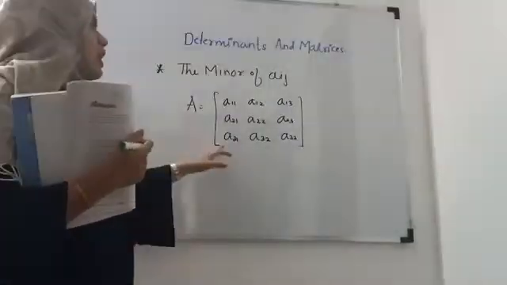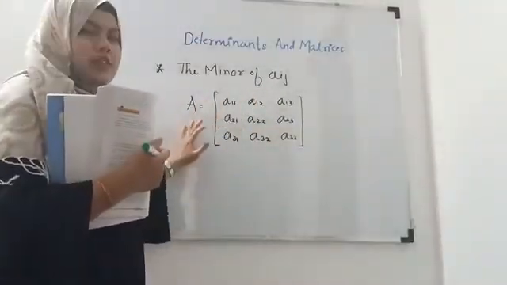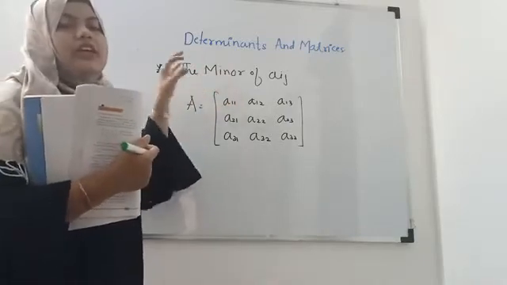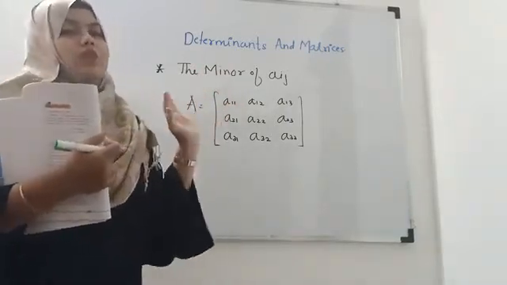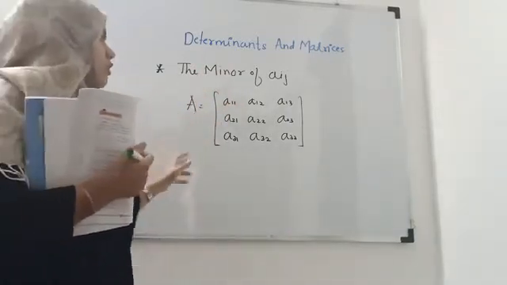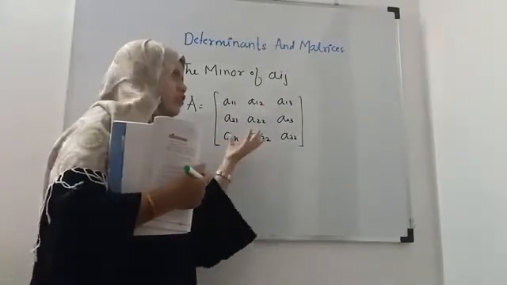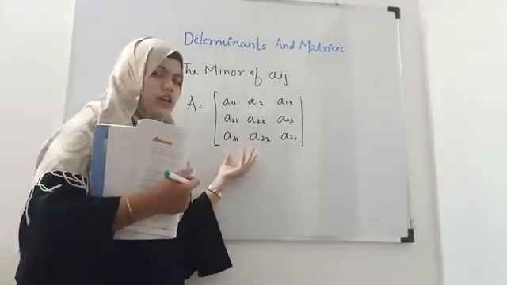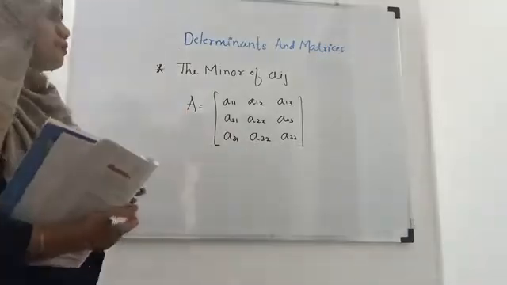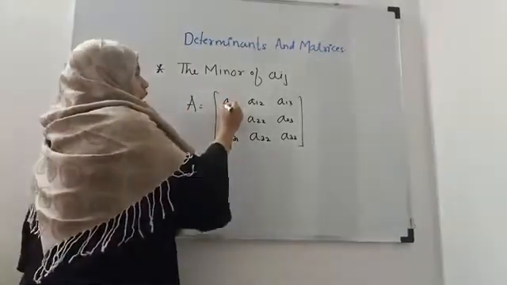So there are 9 elements you can see in this determinant. For each element there will be one minor and one cofactor. So there will be a total of 9 minors for this determinant and 9 corresponding cofactors. First of all, A11.